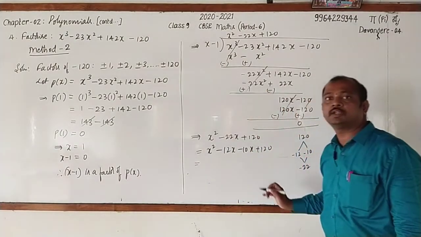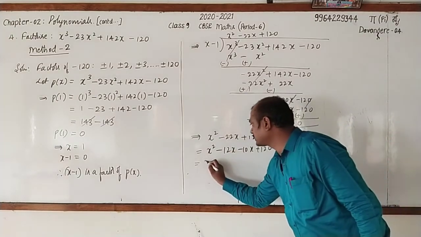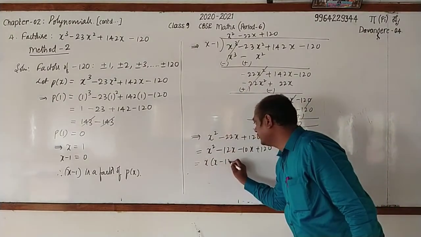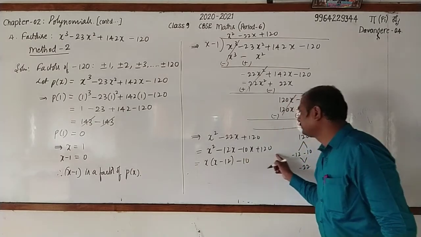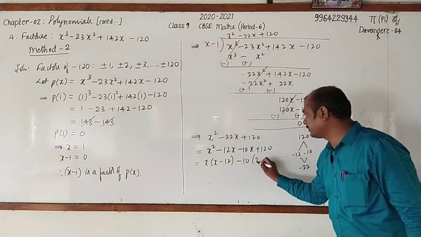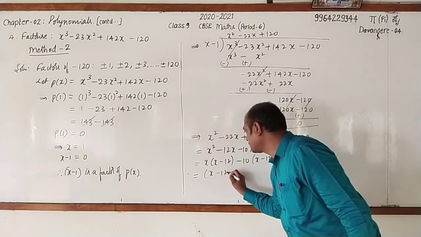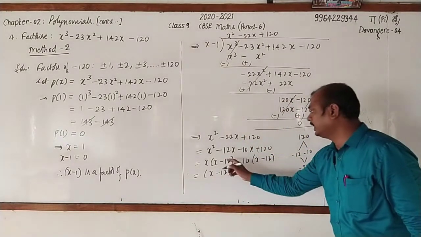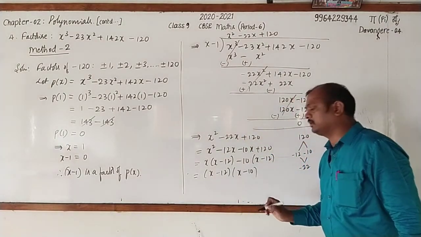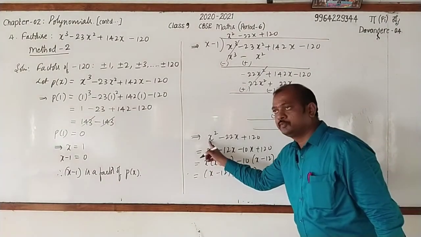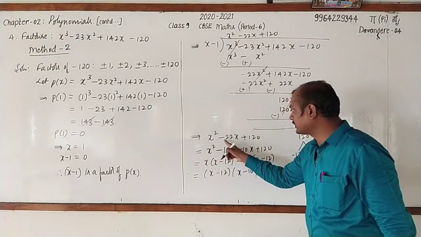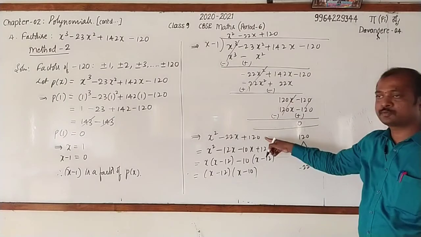Group them by taking two terms. Here in first two terms x is common factor, x minus 12. Second group minus 10 is common factor, x minus 12. This is equal to x minus 12 is common factor and the remaining x minus 10. This is the factorization of x square minus 22x plus 120.